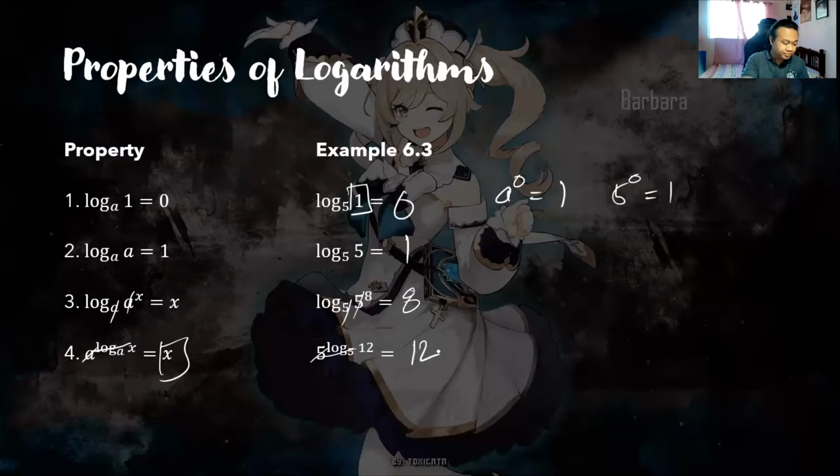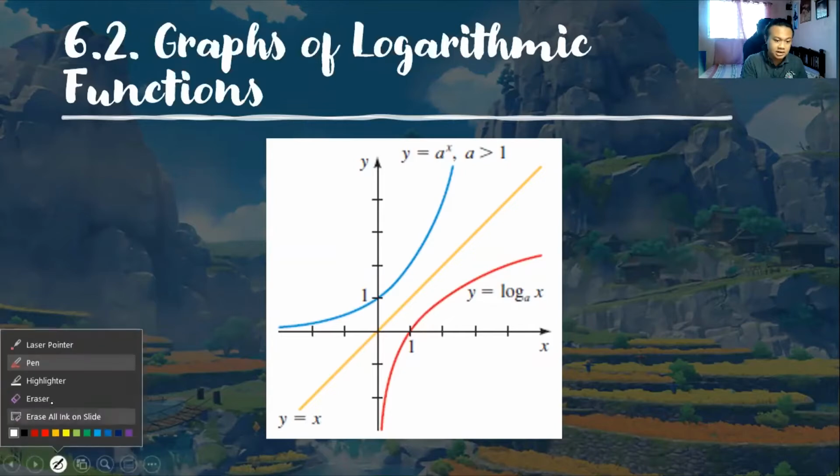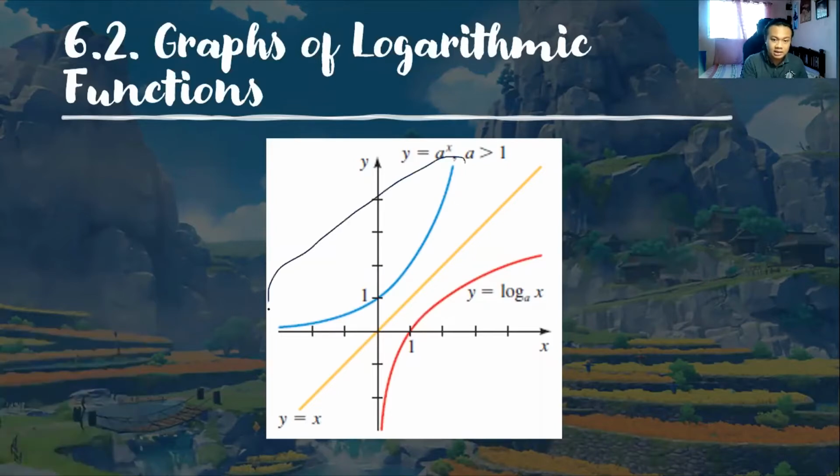Okay? So now let's go to the graphs of logarithmic functions. Let's change inks here. This is the exponential part of the graph.